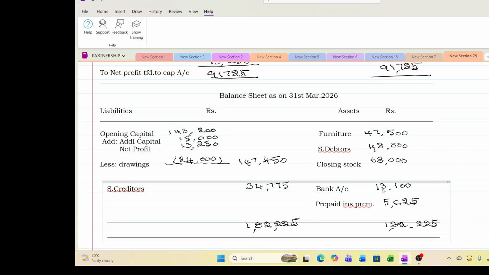Then we will be closing this. See here, 47,500 was given in the sum. Debtor we found out. Closing stock was given in the sum. Bank account we found out. And insurance prepaid we calculated and brought it here. Okay. And capital was given already. Additional capital we have got. And drawings we wrote and creditors were given.